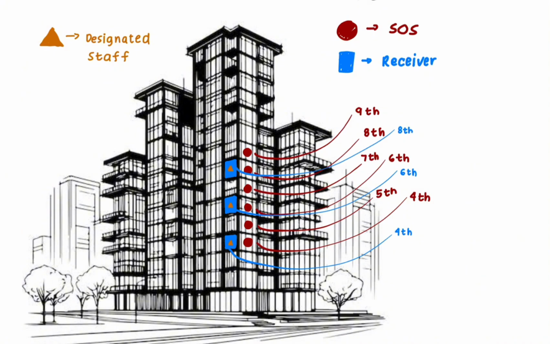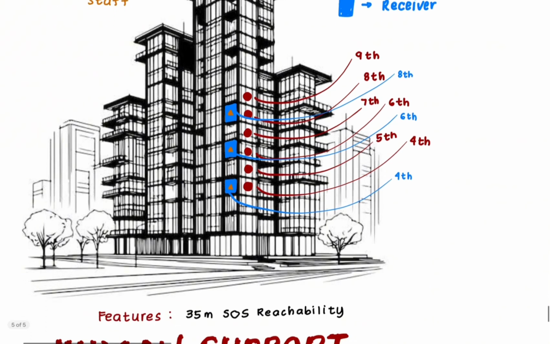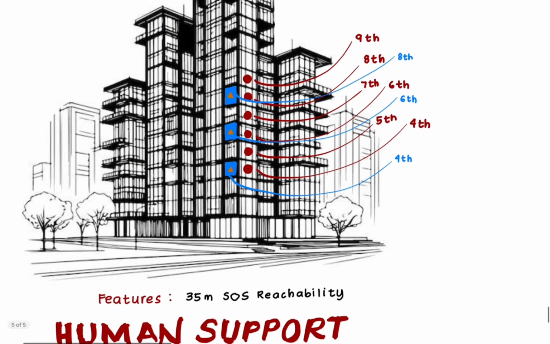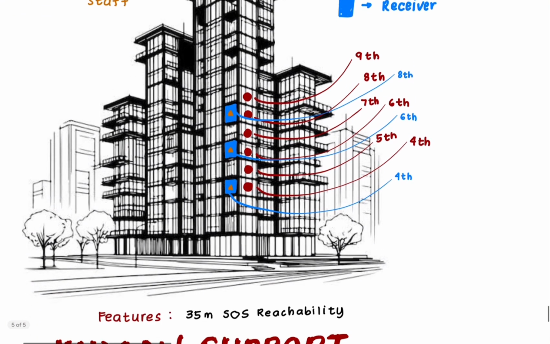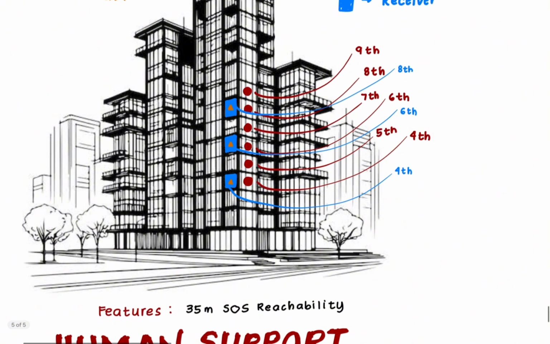And from 4th floor to 9th floor, there's 1 SOS button that is clickable by the tenants. By the way, the reachability feature of the SOS is 35 meters. Since Harvard Suites is only small in terms of its size, the surface area is very small. So 35 meters is enough.